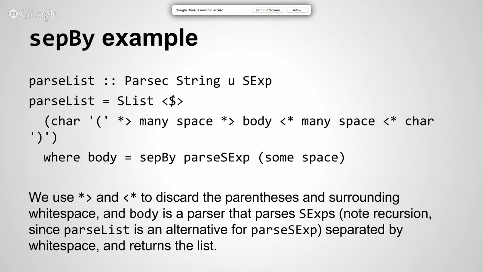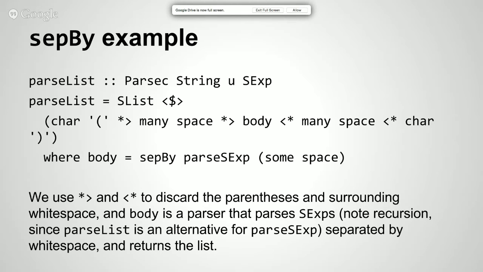Parses many space, meaning many space characters. And then the body, which is the only thing we return because we have a left biased app on the end of it. Then we parse a bunch of spaces and a right parenthesis, but we throw those out.